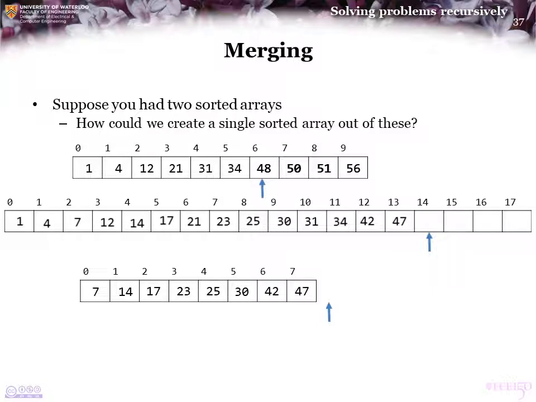And now the index to the second array equals its capacity, indicating that everything from that array has been copied over. Consequently, all we need now do is copy everything over from the first array. And we are done.